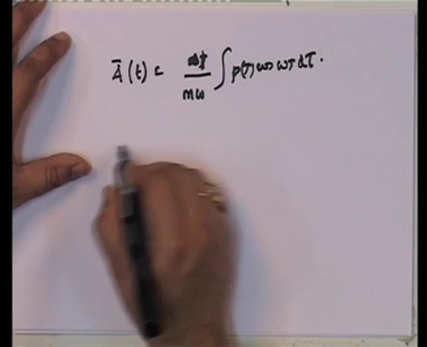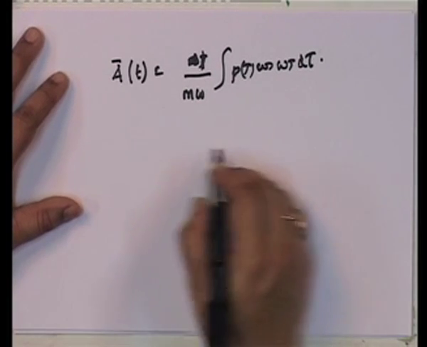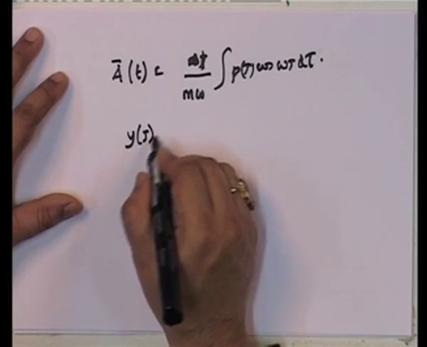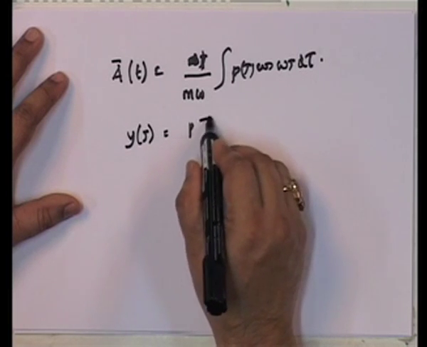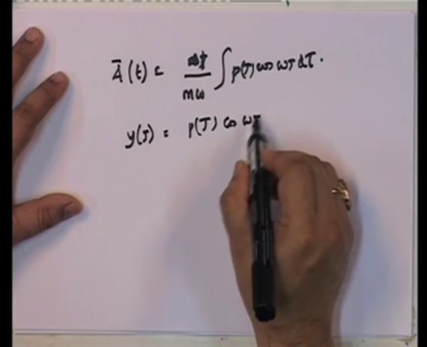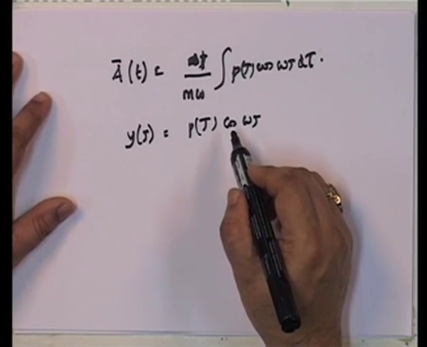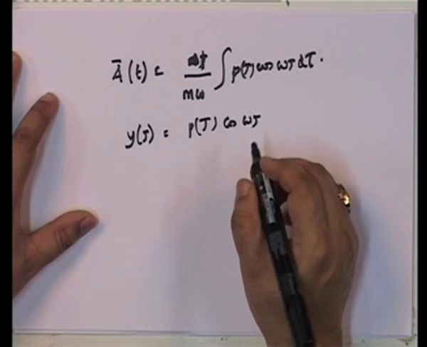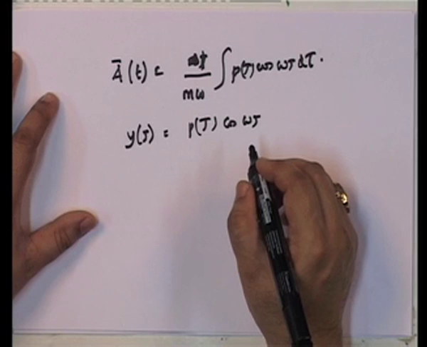So, I am going to make it into where y of tau basically becomes p of tau cosine omega tau. That is all that I have. So, essentially it becomes the following.